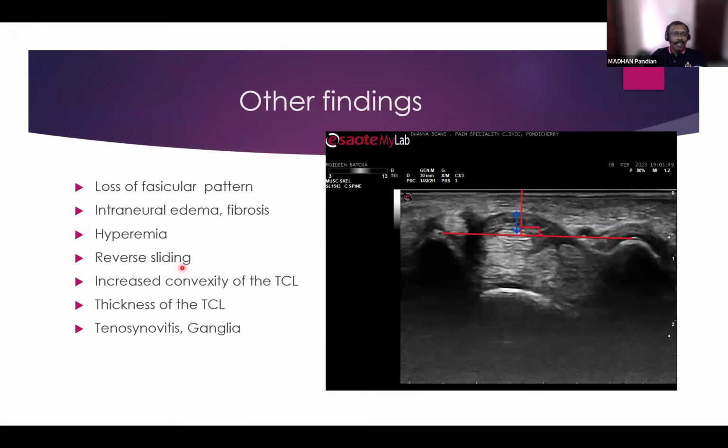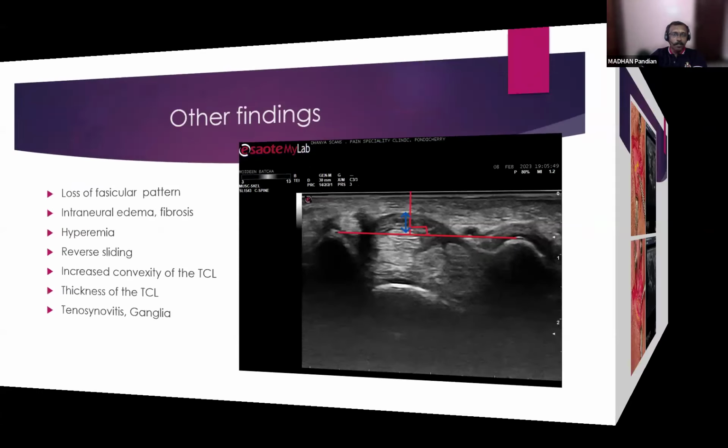There can be a reverse sliding when you do flexion and extension of the fingers. There is an increase in the convexity of the carpal ligament if there is a thickened nerve. And there can be an increase in the thickness of the transverse carpal ligament. More than 2 millimeters is significant. Tenosynovitis and ganglia associated with the flexor tendons also need to be ruled out.